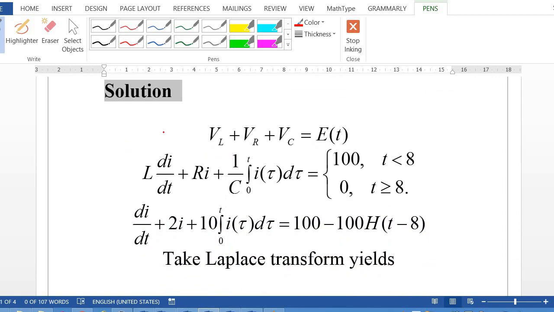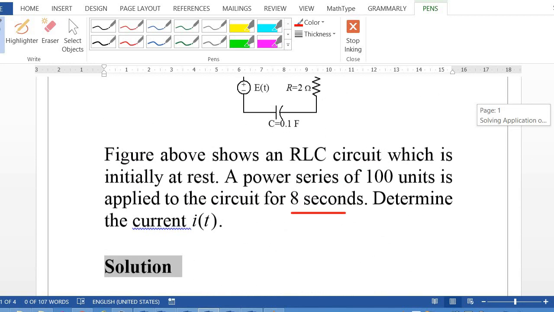So to solve this differential equation, which contains a non-continuous function in terms of step functions, the first step is to plug in the values.